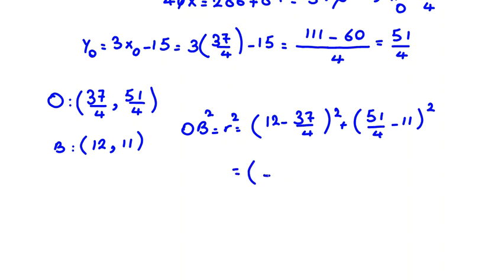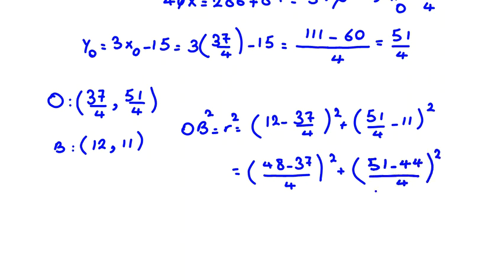It will be 48 minus 37 over 4, squared, plus 51 minus 44 over 4, squared. 48 minus 37 is 11 over 4, squared, plus 51 minus 44 is 7 over 4, squared.